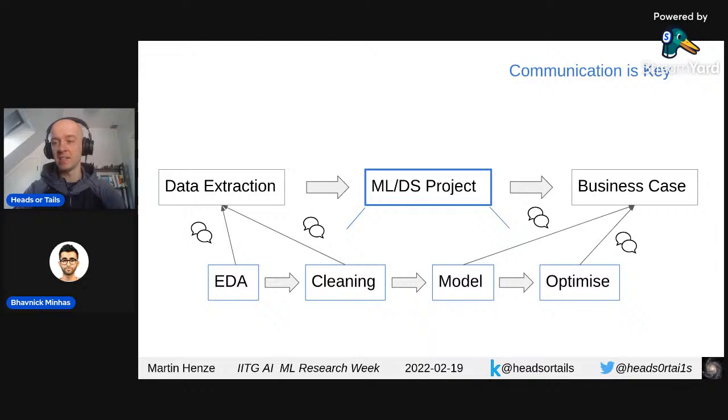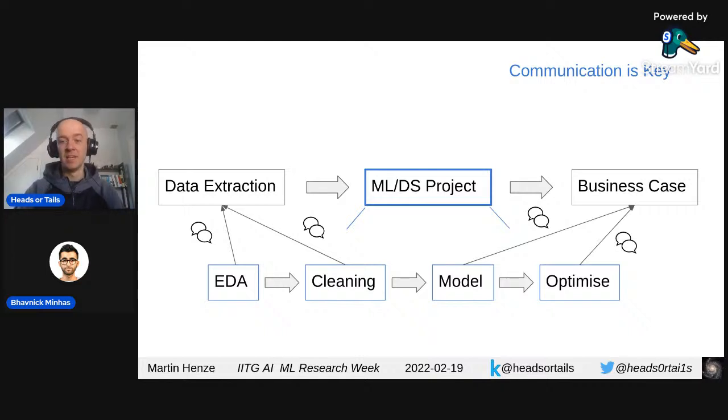And same on the other end of the pipeline, right? So your model is supposed to answer a certain business question, or a certain research question. And in order to figure out whether your project is actually doing that, you want to talk to the people that will be using your model and your predictions, because otherwise there is this danger of operating in a vacuum, and you build something that's very nice and sophisticated, but it's not really answering the question that you were expected to answer, right?